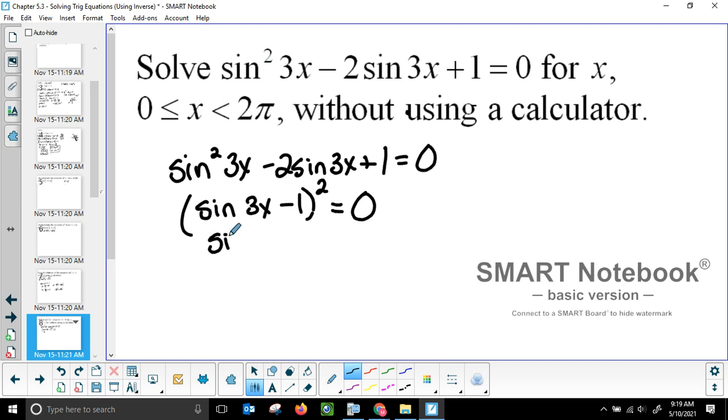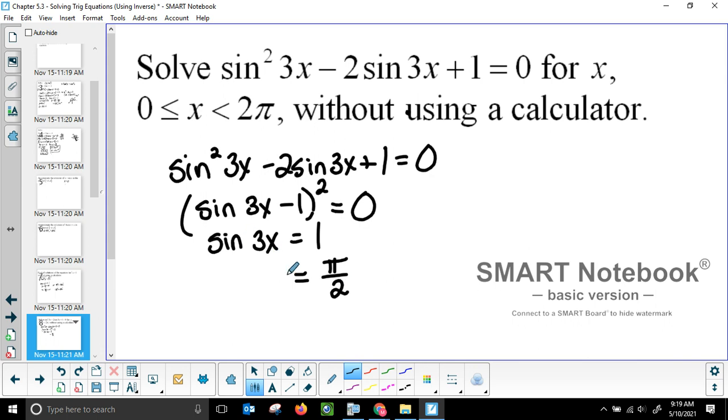So we'll have sine of 3x. We add 1 to both sides, so that's equal to 1. Remember, we don't do anything with this 3 at all. Let's pretend this is a normal x. Where is sine 1? Sine is 1 at pi over 2.